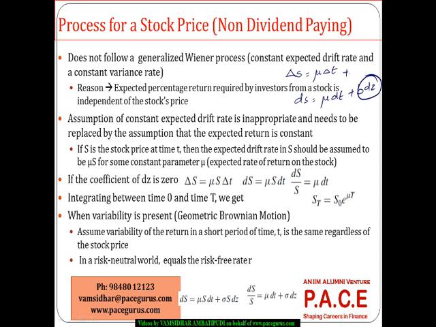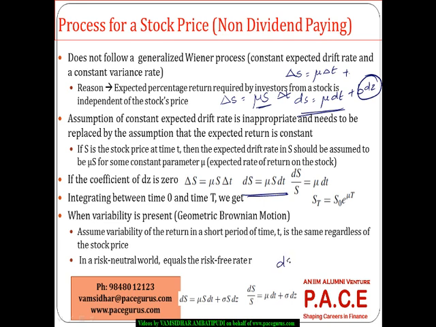If it had been a simple generalized Wiener process, I would have got this. But what we are saying now is, because it's not a generalized Wiener process and I really want the stock price to be like this, the change in stock is some proportion of the original stock price times delta t. So my ds should be mu S times dt.